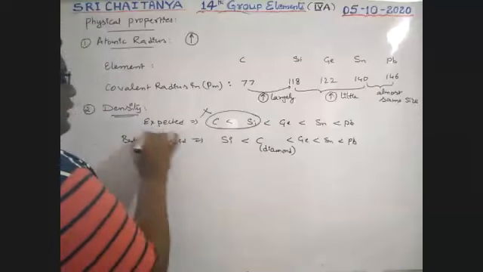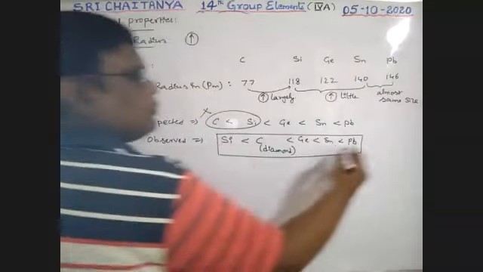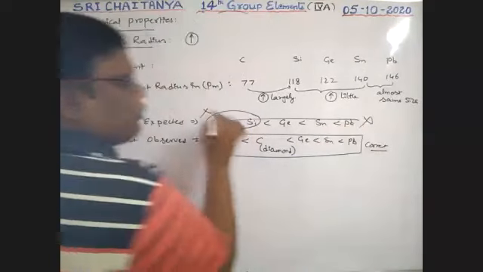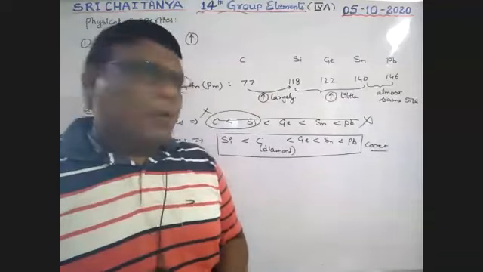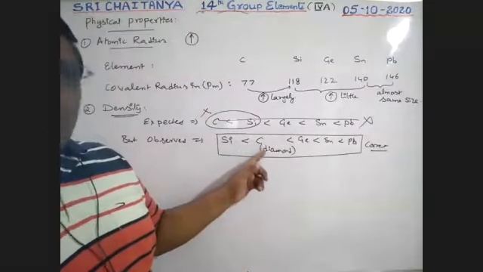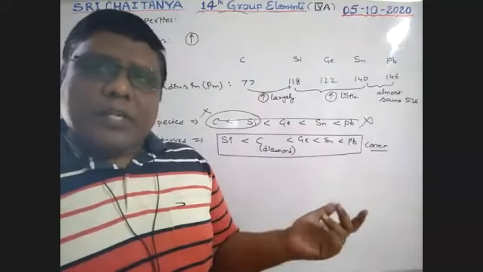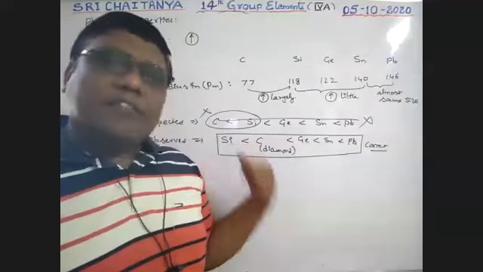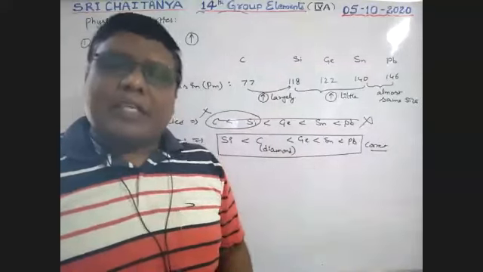So this is the correct order, boys; the earlier one is wrong, so don't use it. The highest density is for lead and the least density for silicon, because of the abnormal increase in size.